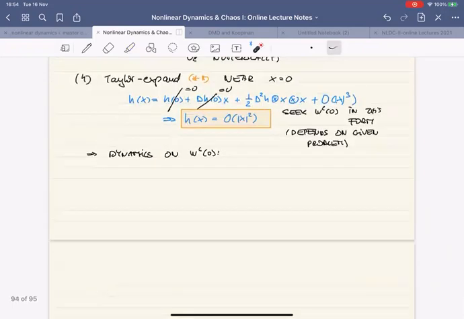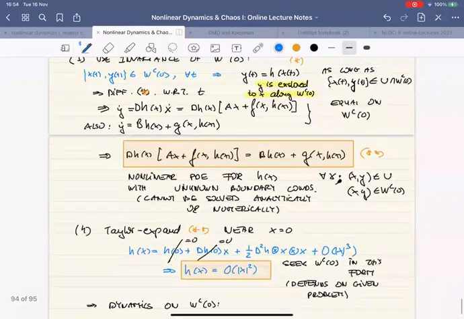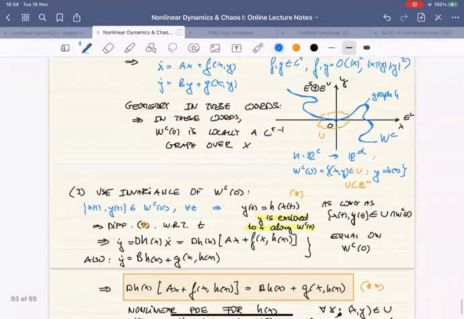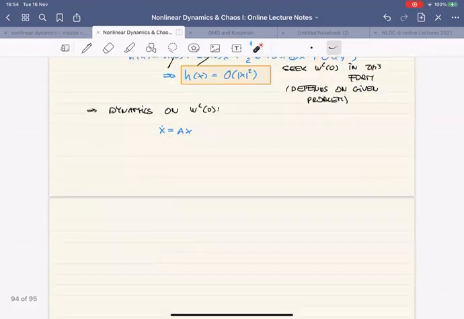So it's enough for the reduced dynamics on WC, not just to look at what happens in the x direction. What's happening in the x direction? I'm solving still the differential equation. So whatever I have in the x direction must be conforming to the differential equation, except that when I see y, I don't have to worry about y, I just plug in h of x.